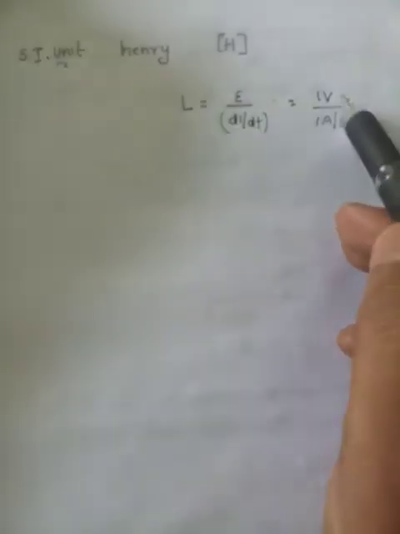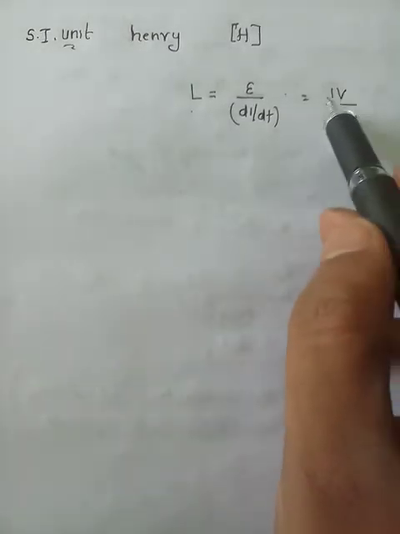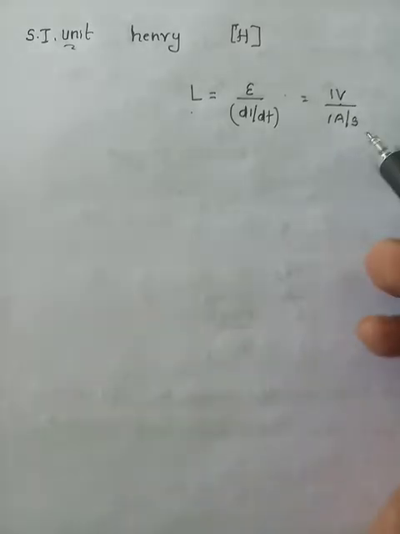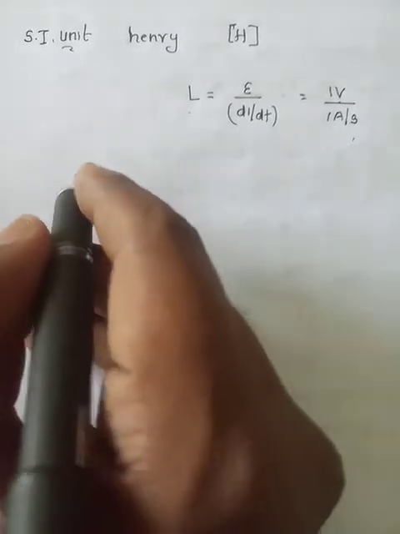Inductance is said to be 1 Henry when an EMF of 1 volt is induced in a coil when the rate of change of current in the same coil is unity. You should define the statement like this.